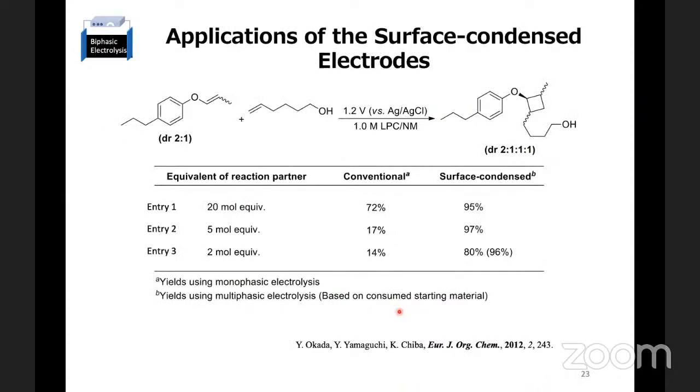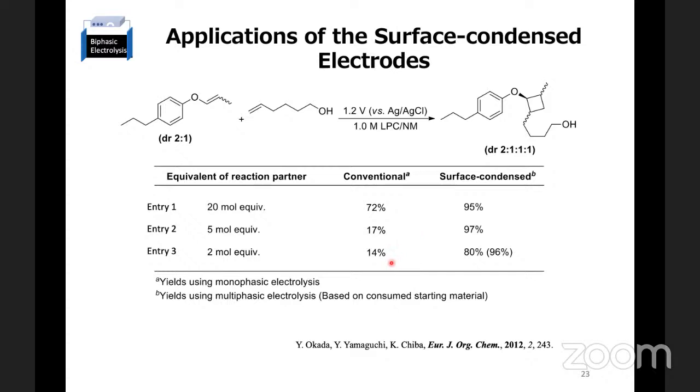This table shows the effect of using the surface condensed electrodes. As mentioned above, in entry 1, 20 equivalents of nucleophile hexenol were used, and the yield is 72%. And in entries 2 and 3, the amount of nucleophile is reduced to 5 and 2 equivalents respectively. The yields are directly reduced to 17 and 14% respectively.